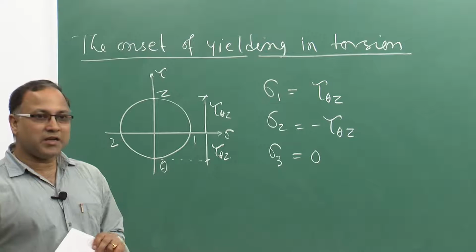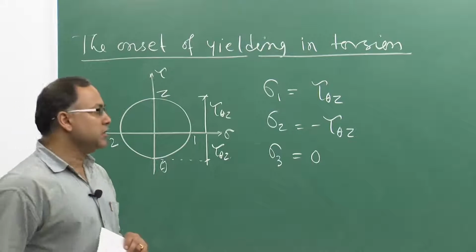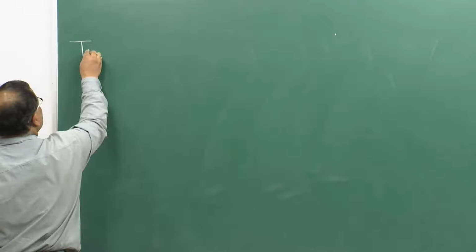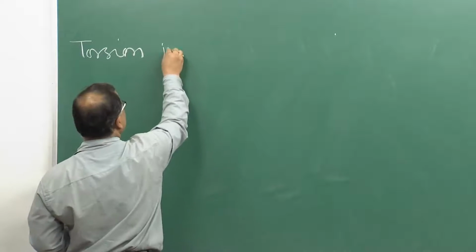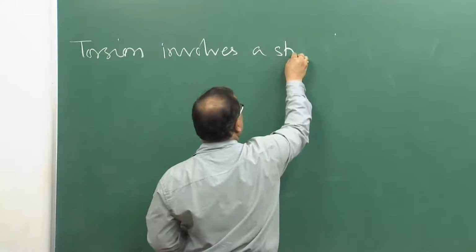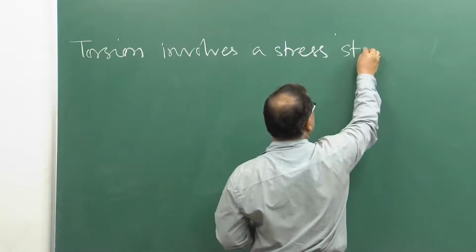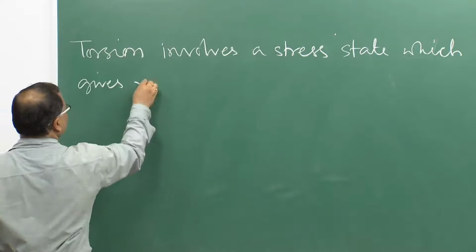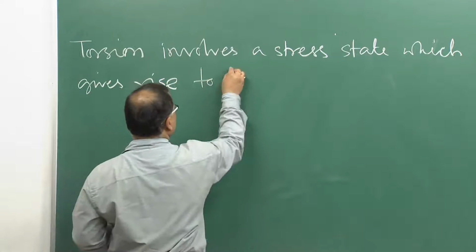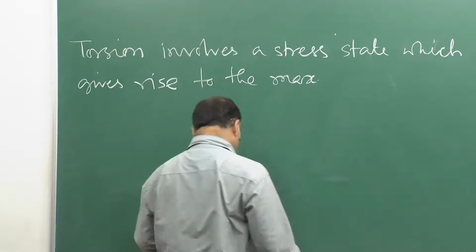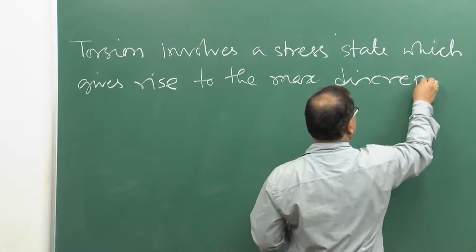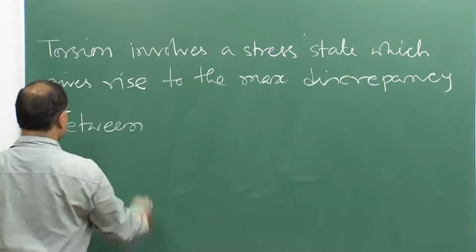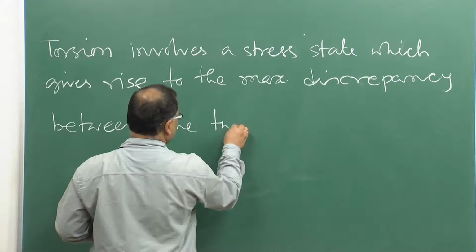So, as per maximum shear stress criterion, you are getting a much lower value of tau theta z to initiate yielding. Therefore, you can write down that torsion involves a stress state which gives rise to the maximum discrepancy between the two yield criteria.